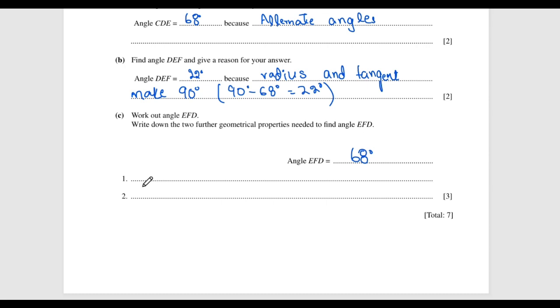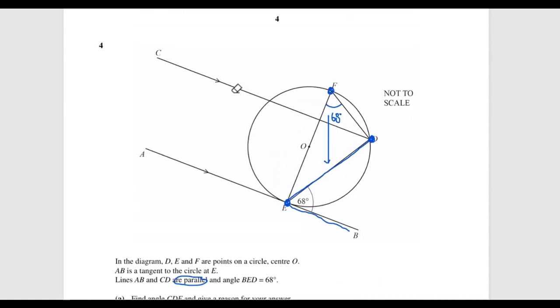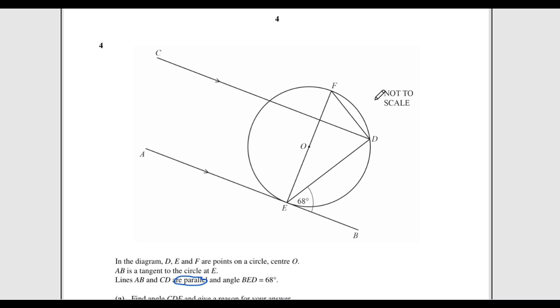So one geometrical property that helped us to get EFD as 68 degrees is the alternate segment property, and there's another way to get this angle as well. Let me discuss that method with you. Now what is the other method? We have just discussed the property that the angle of a triangle opposite to the diameter would be 90 degrees.